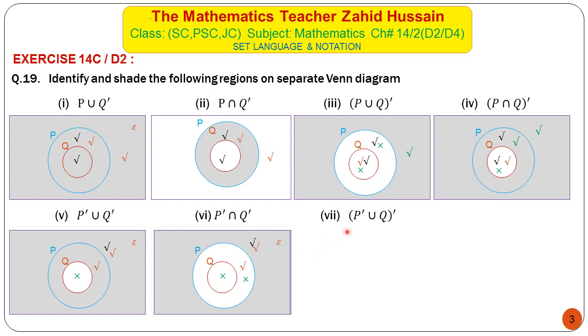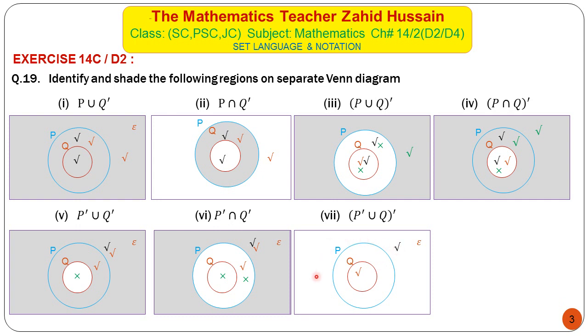Now the complement of P complement union Q. P complement is this region, Q is this region, and then P complement union Q. What is P complement union Q? P complement is this region and Q is this region. So their union is the region which has one tick or two ticks, because these two regions are separate and each has one tick.